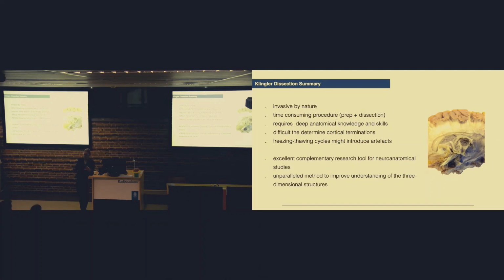Because the brain is filled with water, when you freeze the water, it expands. And what that might do is break some of the white matter connections, or push white matter together that isn't necessarily together in the normal condition of the brain. So this is why this freezing and thawing cycle might actually introduce artifacts.